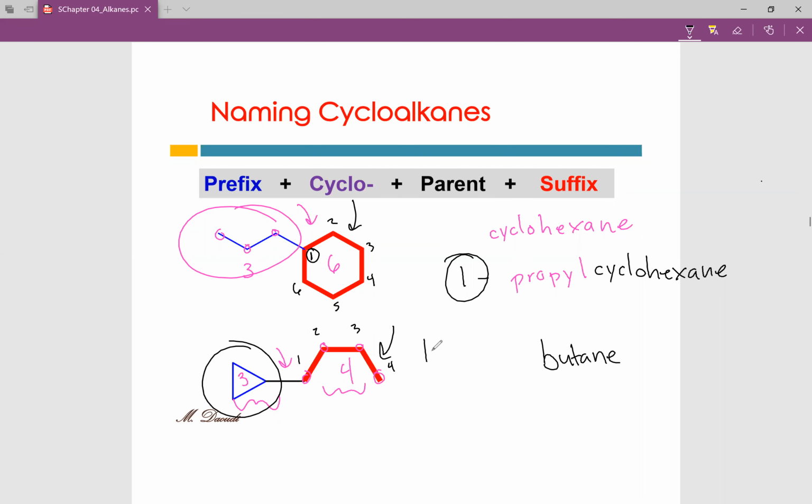So I say this is 1 cyclopropyl butane. And notice here, we have to put the 1 here, because unlike with the cyclo here, we have to number it giving the end carbons either 1 or 4 in this case. We can't just start from the middle, like changing this 2 to a 1. So in this case, we have to put the 1.